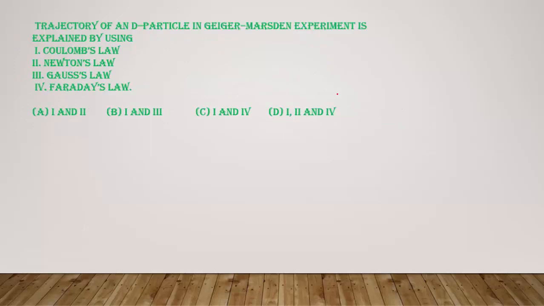And the next question is about the trajectory of an alpha particle. Very few alpha particles are scattered back or reflected back in the trajectory path. The trajectory of an alpha particle in Geiger and Marsden experiment is explained by first, Coulomb's law, second, Newton's law, third, Gauss law, fourth, Faraday's law. Coulomb's law is applicable for electrostatic force.